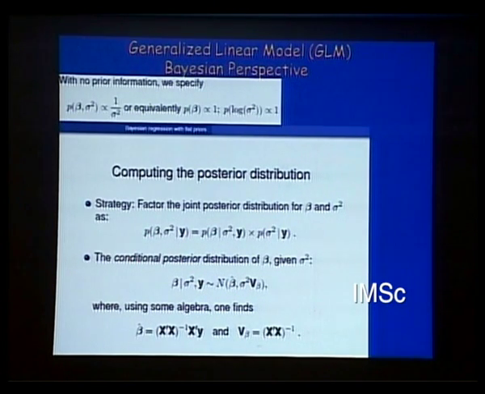It's very simple algebra, a little bit of bookkeeping. Assuming non-informative priors on betas and sigma squared, this essentially turns out to be nothing but P of y, the likelihood function, and it gets you directly to beta hat equals x transpose x inverse x transpose y. The posterior distribution of beta is normal with mean beta hat and this variance, which, if you recall from a few slides before, is exactly what we got from least squares.